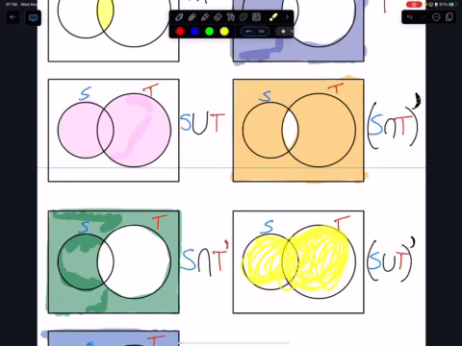This is a union. But it's the union apostrophe. So everything that's not the union of them both. Is there a difference in what? No, there's no difference.